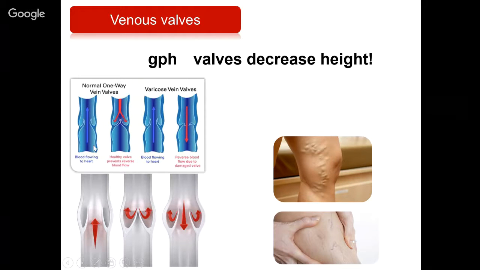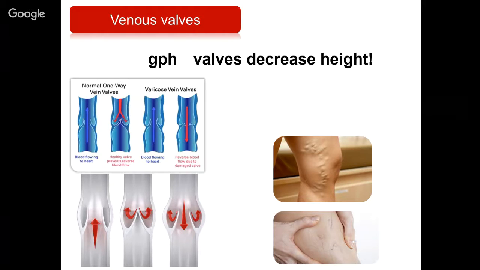On the far left, we have blood flowing to the heart. That's a normal one. Right beside that, the second one over, that's what would happen when the valve closes normally. And on the far right here, we can see what happens when that valve doesn't close, or sometimes it may fold in on itself. Then we have this problem where we have extra pressure on the one below it, because now suddenly the column got twice as big.